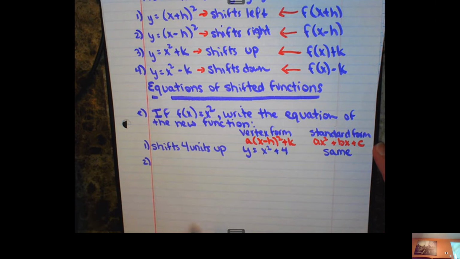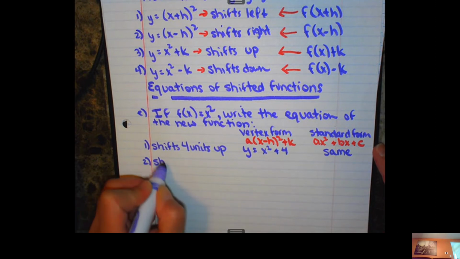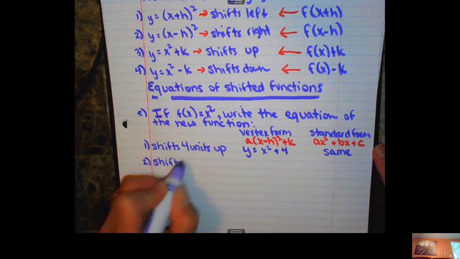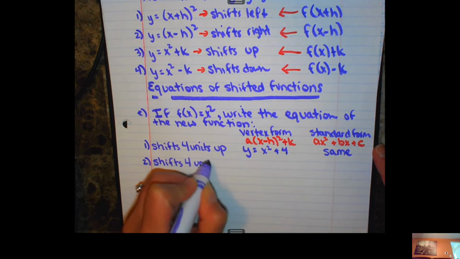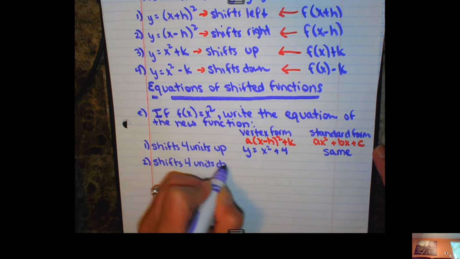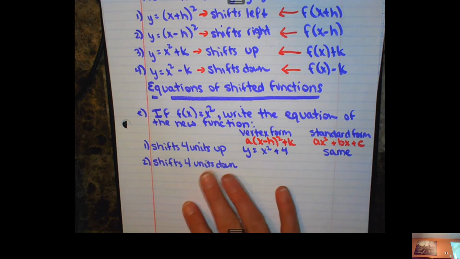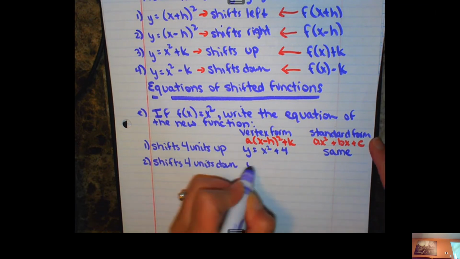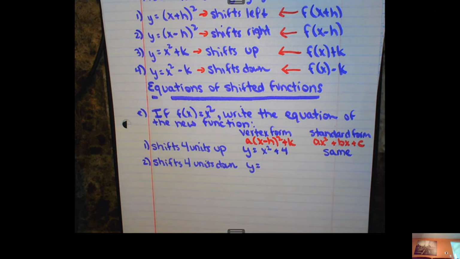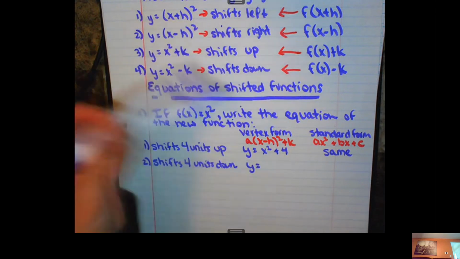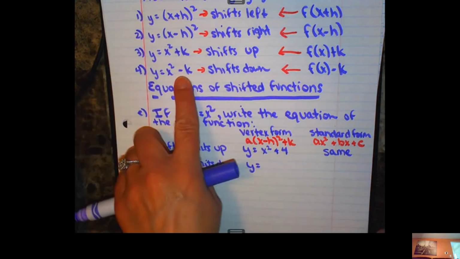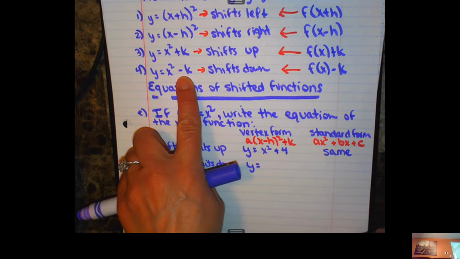Example 2. Can you write shifts 4 units down? So what we're trying to do is come up with a new equation given the shift, given the translation. So I'm going to start with y equals. If I'm shifting down, I am subtracting a number at the end of the function.